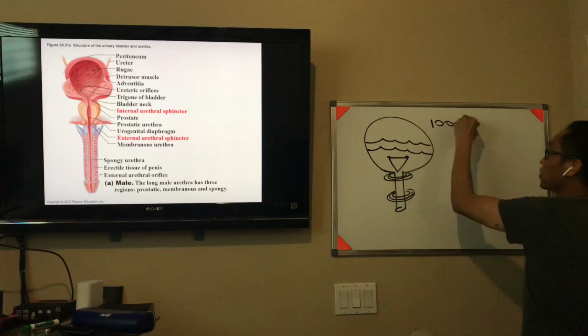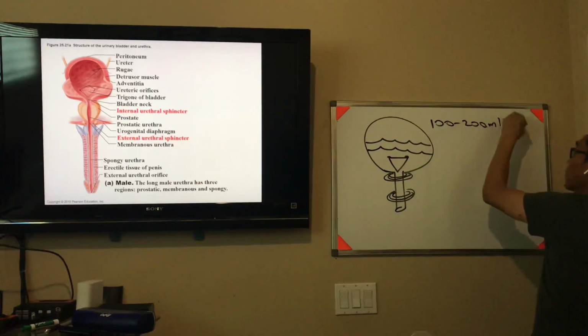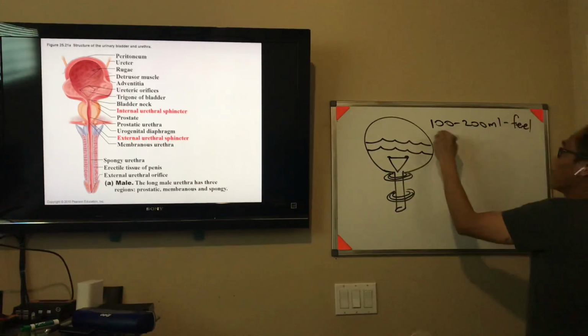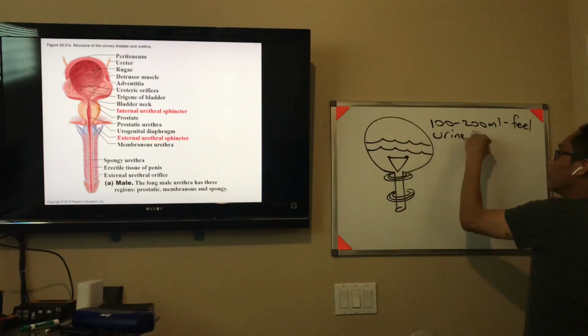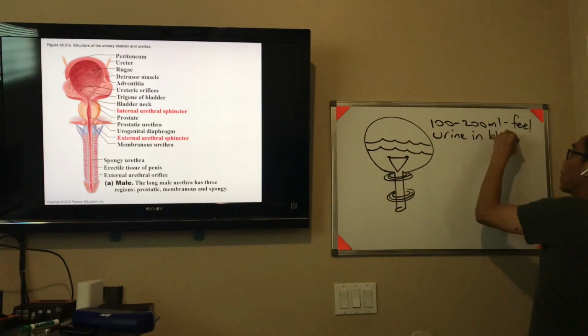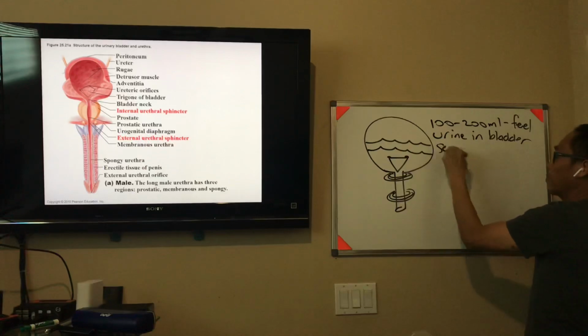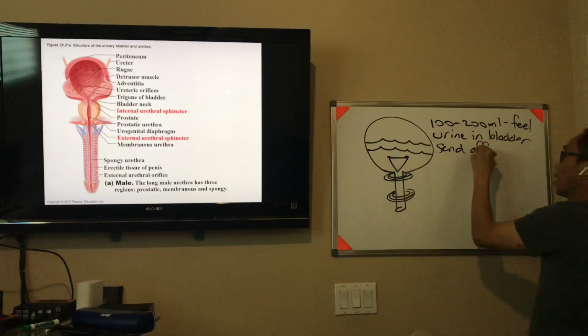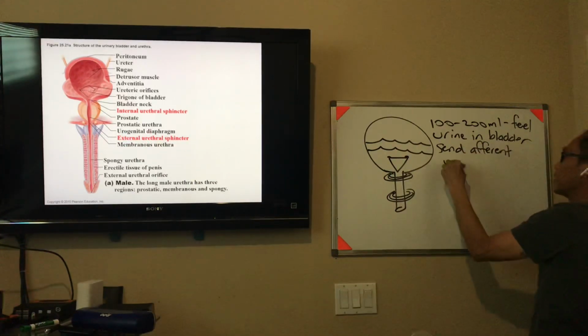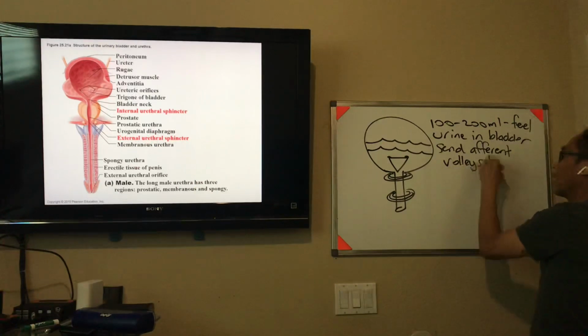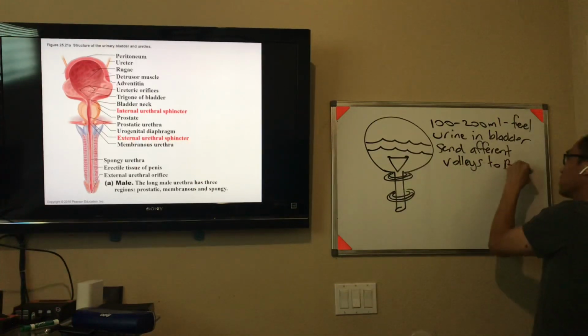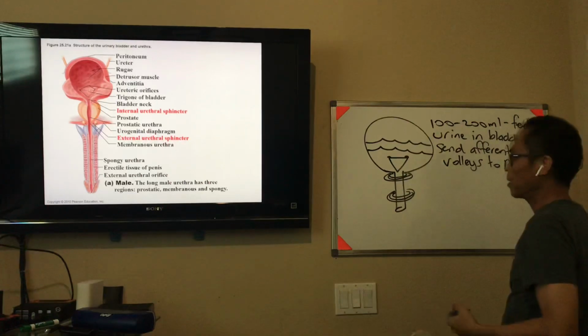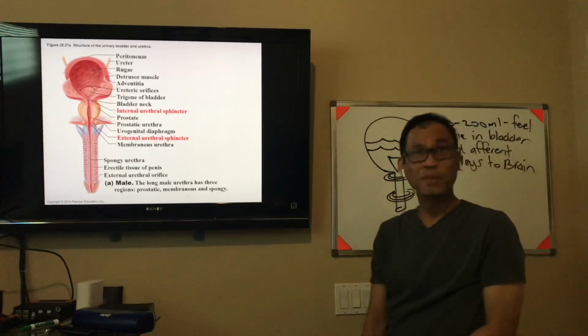So at about 100, 200 mL, you quote unquote feel the urine in the bladder. So you send afferent volleys to the brain, to your CNS, saying, hey, at some point you better go, okay?